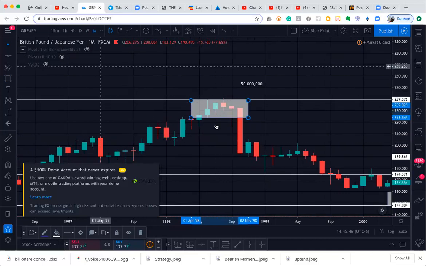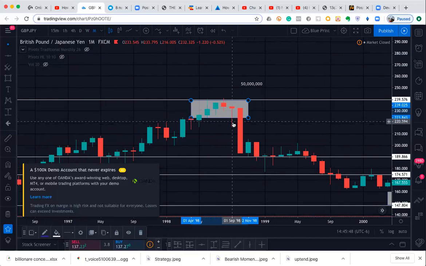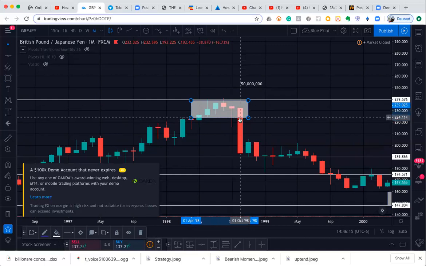But here's the point that I was making. Let's just say, for example, we had our sell stop right here, and this candle did come here and activate it, but it just went up a tad bit. The very next candle would be the open.